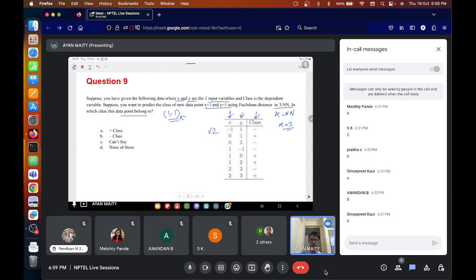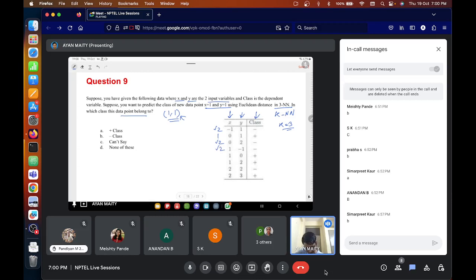You just have to find out the Euclidean distance: x1 minus x2 squared plus y1 minus y2 squared. If you find out, this distance would be root 2 for the first point. For the second point the distance is 1. For the third point the distance is root 2. For the fourth point the distance would be root 2 again, I think.